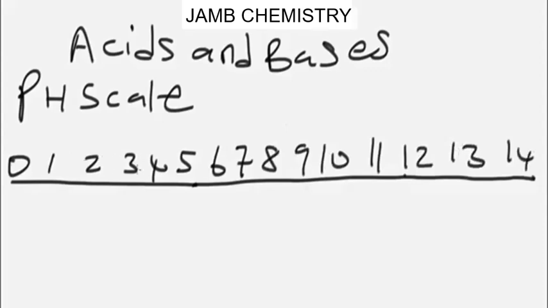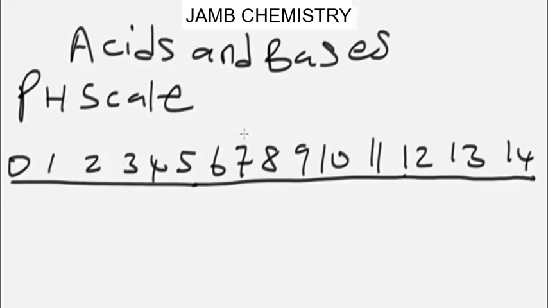So the pH scale ranges from 0 to 14. Take note of this. Now let's look at how to determine the measurement of the pH scale for acids and bases. In this pH scale, note that the lower the scale, the more acidic the solution is.